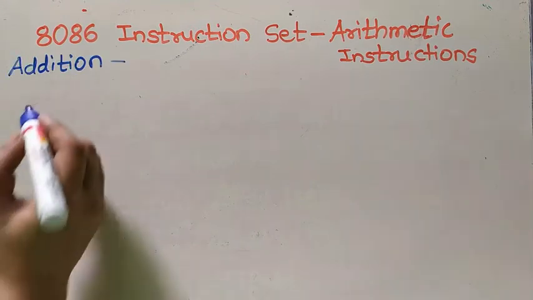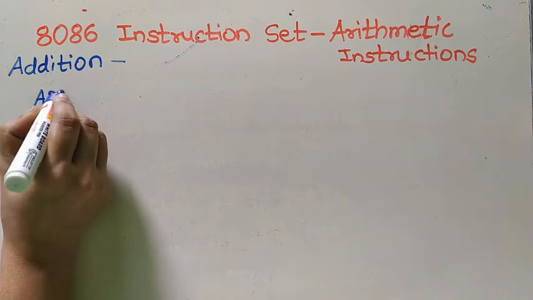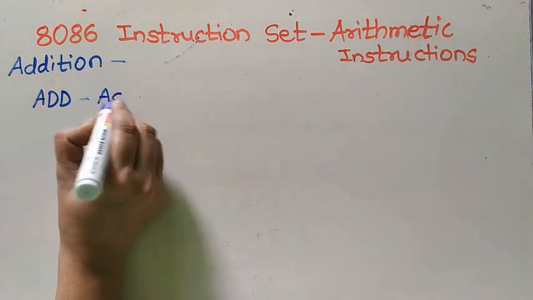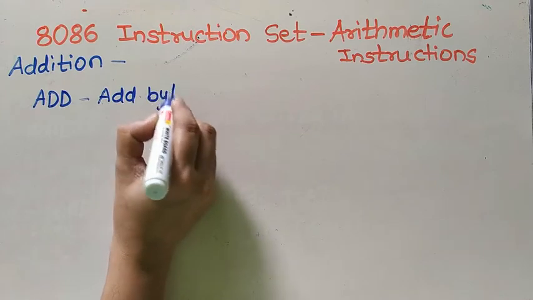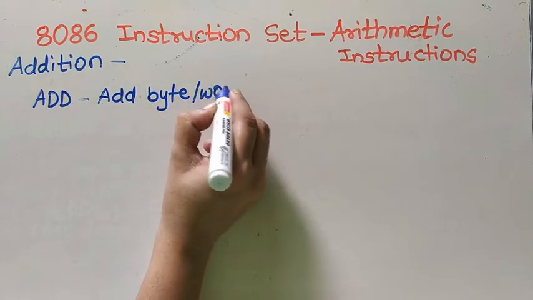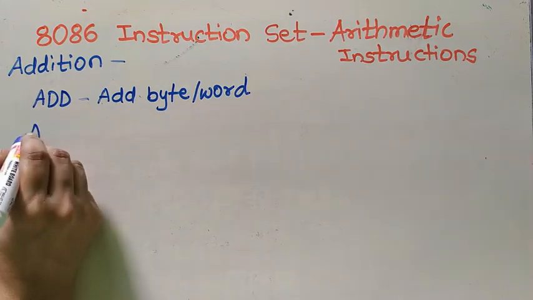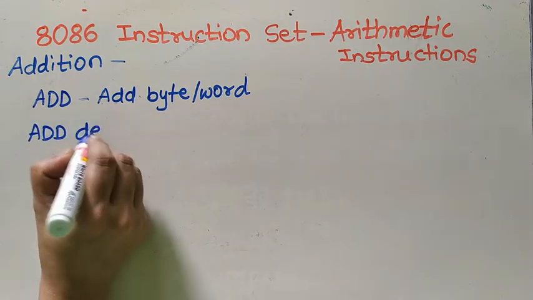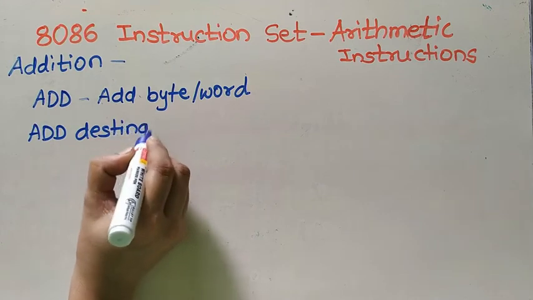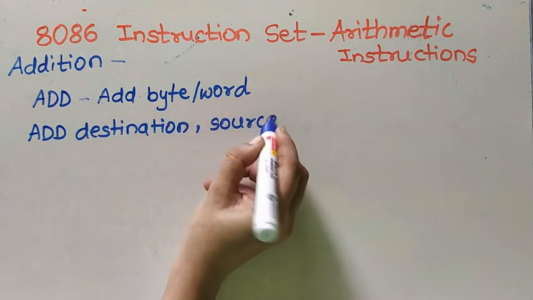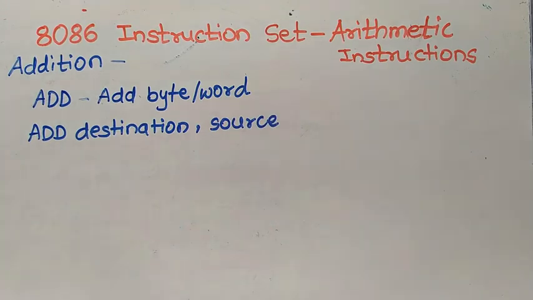First instruction is ADD. This instruction is used to add a byte or a word. The mnemonic for this instruction is ADD destination, source. In this case, what happens?